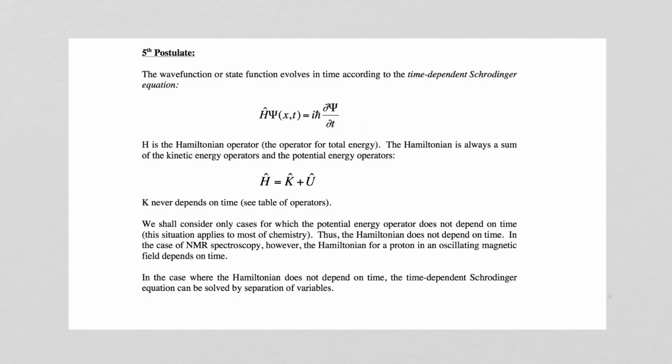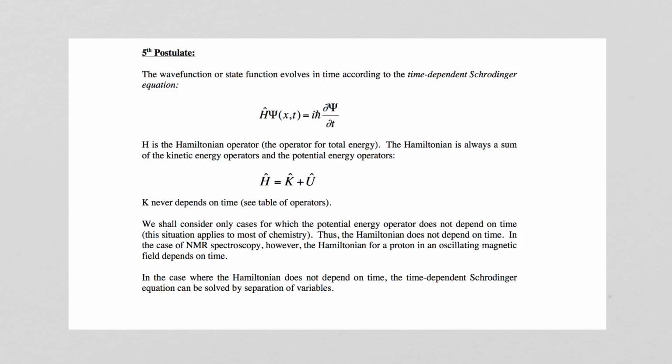Our final postulate that we're going to talk about right now is the fifth postulate, which states that the wave function evolves in time according to the time-dependent Schrödinger equation. Remember, the Schrödinger equation is our central equation in quantum mechanics. We're going to become good friends with that over the next few weeks. H is what we call a Hamiltonian operator.